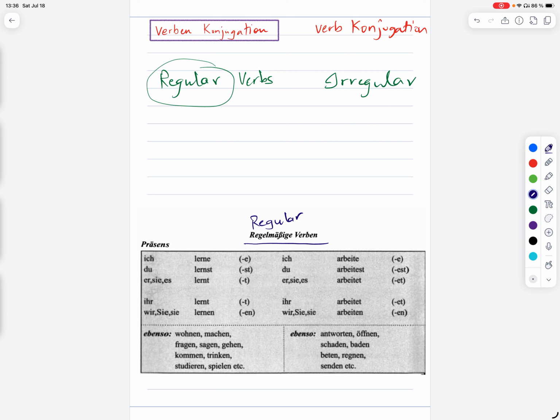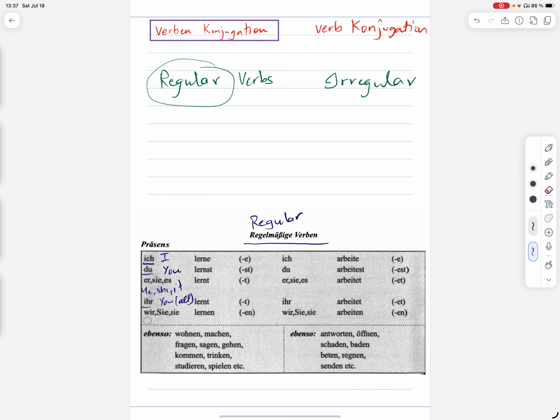For regular verbs we have these different personal pronouns. For example, ich, which means I, du, you, er, sie, es, he, she, it. Then ihr, which means you in plural form, so you are talking to many people.